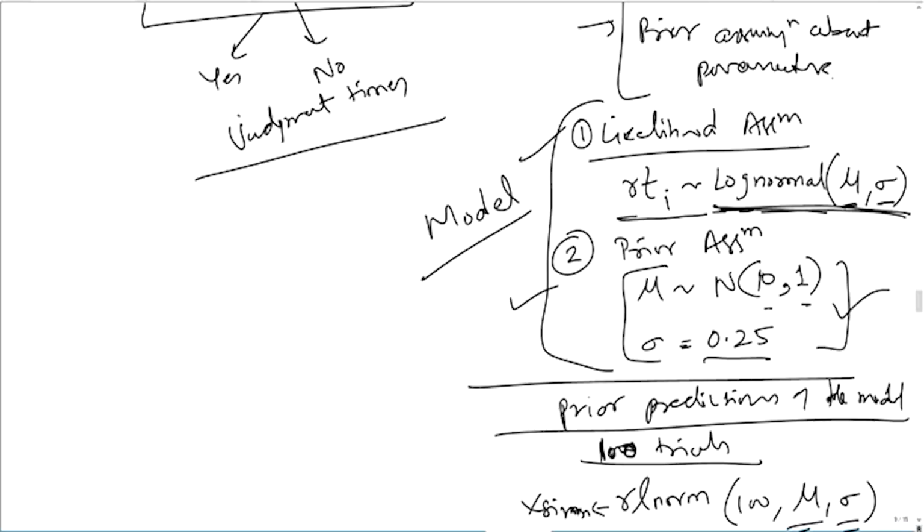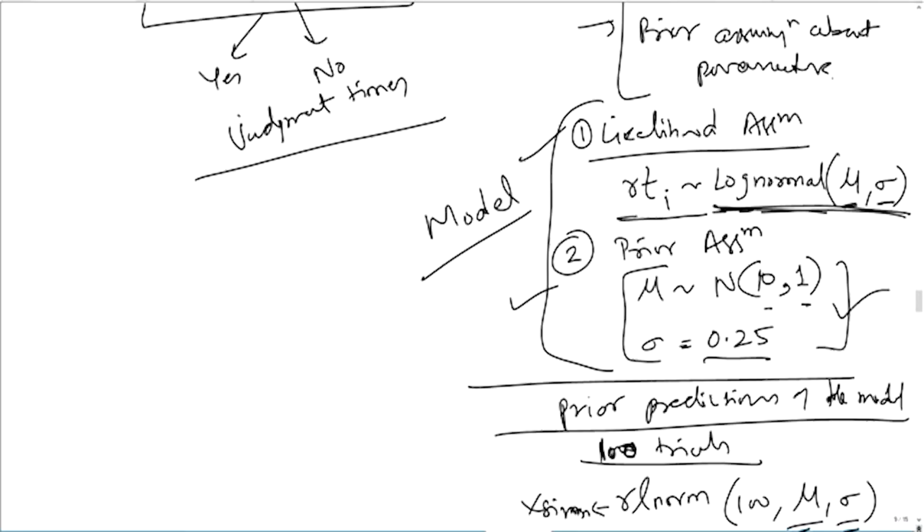If you decide this is your prior, then all the prior predictive samples you would see would have judgment times in the range of 2000, 4000, 5000, up to 10,000 milliseconds.